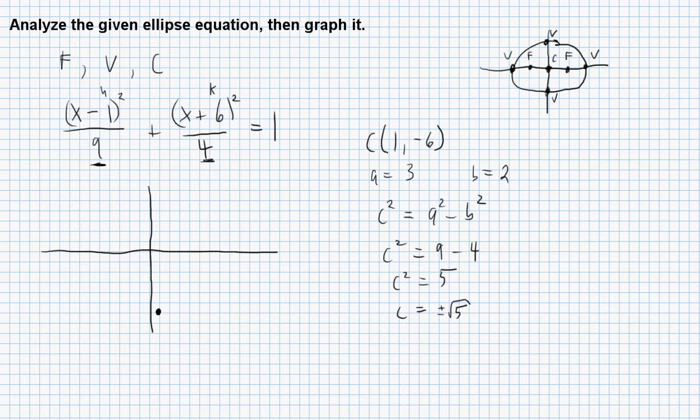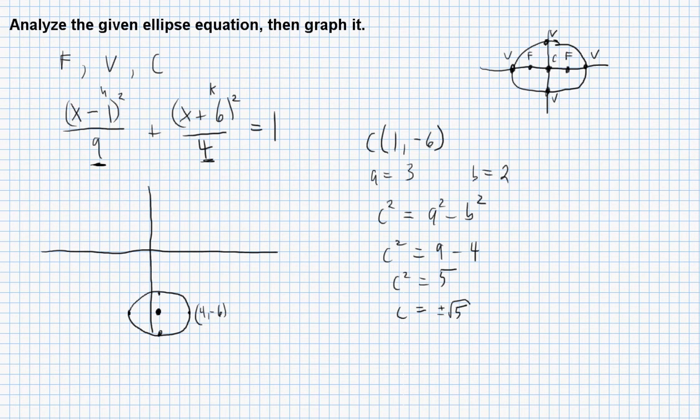Now, since it's horizontally oriented, we'll count 1, 2, 3 to the right, 1, 2, 3 to the left for the major axis value, then 1, 2 up, and 1, 2 down. And this is going to give us, and I can sketch in the ellipse here, like that.